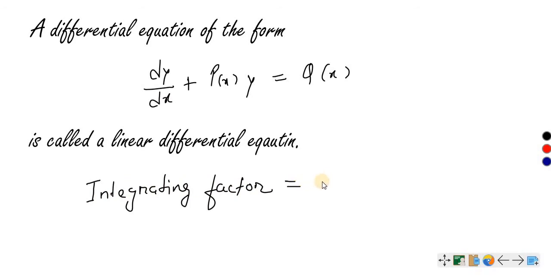Integrating factor is equal to e to the power integration p, which is a function of x, into dx. So this is our integrating factor. At first we have to find this. In short we write IF. Integrating factor, that is I.F., is equal to this.